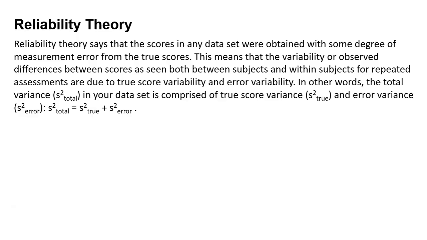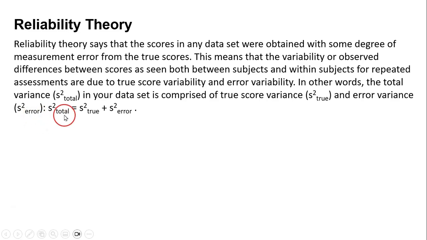In other words, the total variance, S squared total, in your data set is comprised of true score variance, S squared subscript true, and error variance, S squared subscript error.